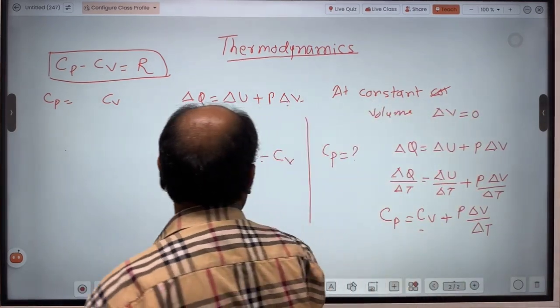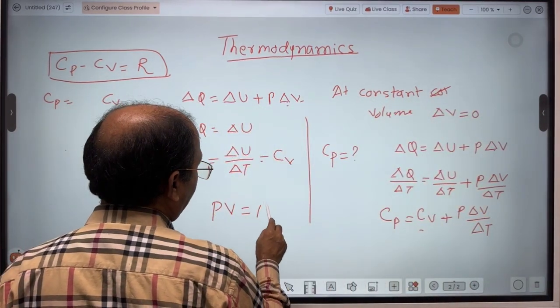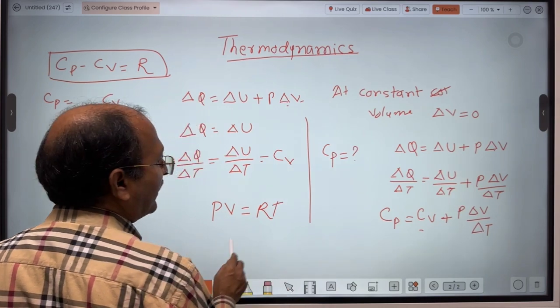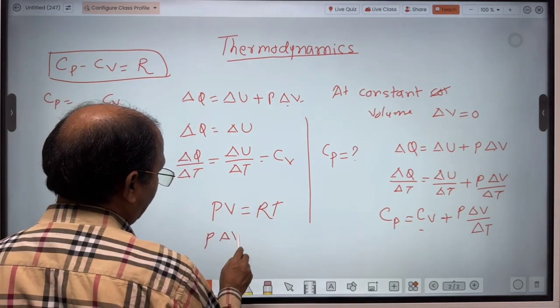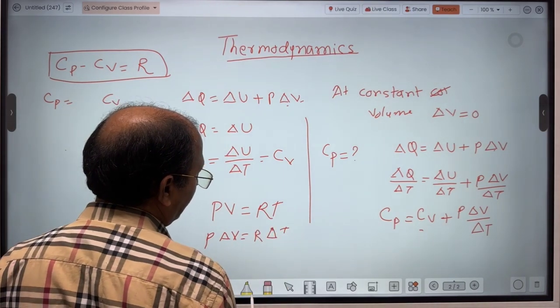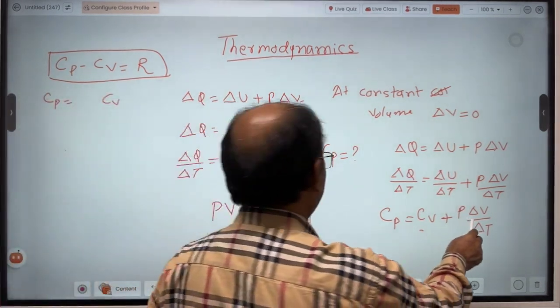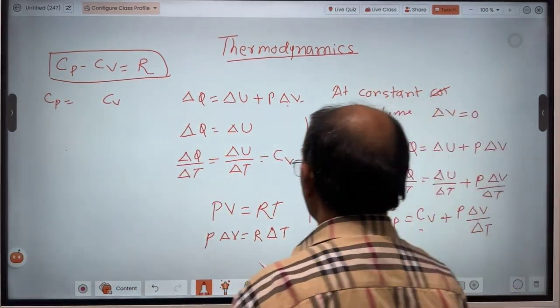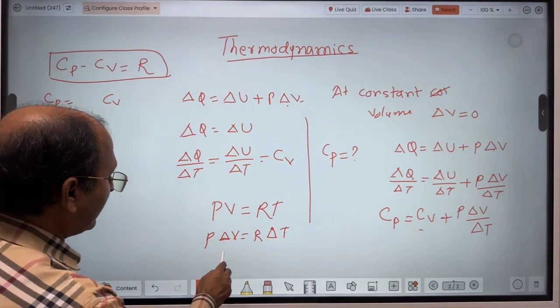But from the formula PV equal to RT, if we find the change, here pressure is constant, so P delta V is equal to R delta T. Right. Here we have delta V upon delta T. So if we write delta V upon delta T, what do we get?